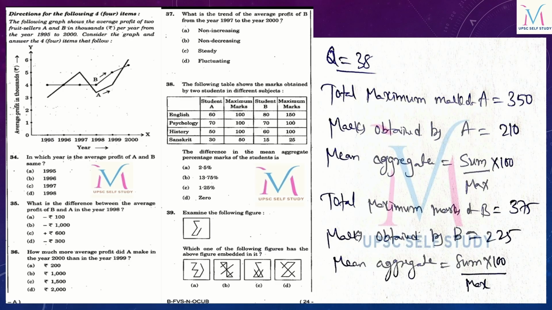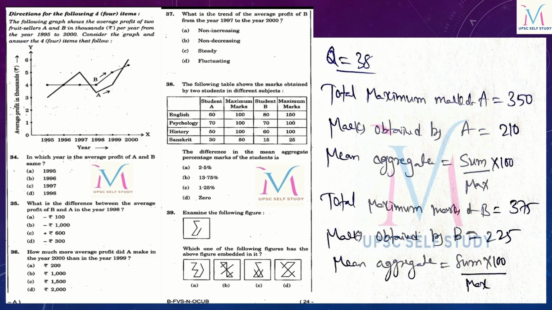Now coming to the 34th question: in which year is the average profit of A and B the same? If you clearly observe the graph, in the year 1996 they have merged, because a dot is on the line and the graph of A has also merged; both are at the same point.